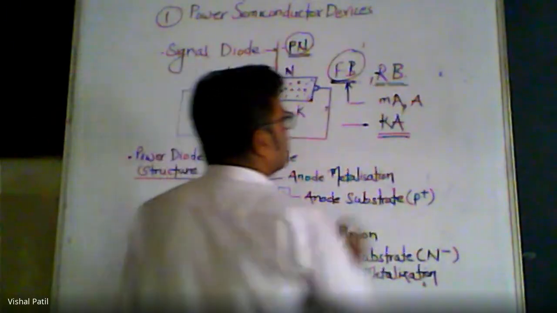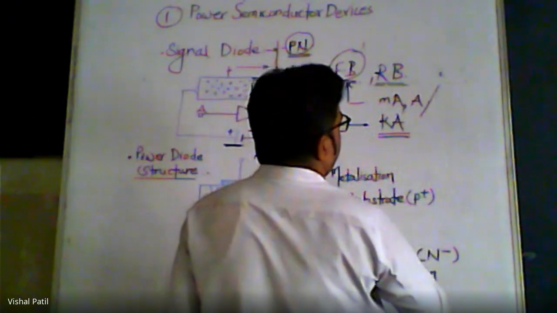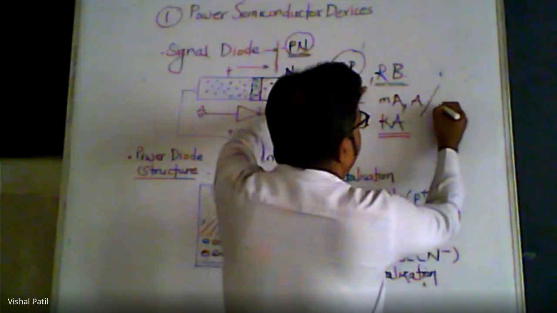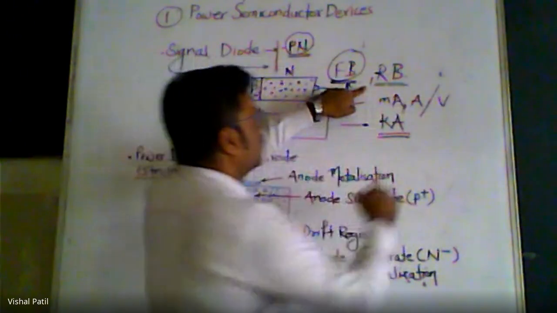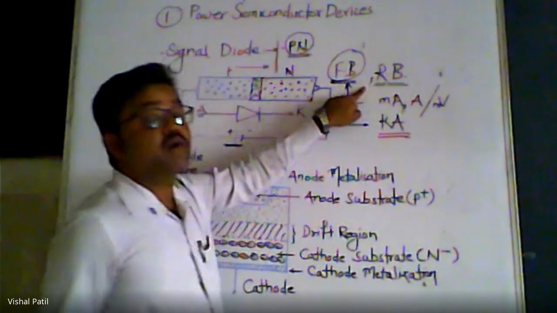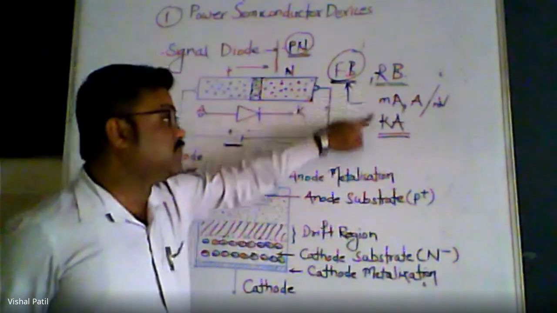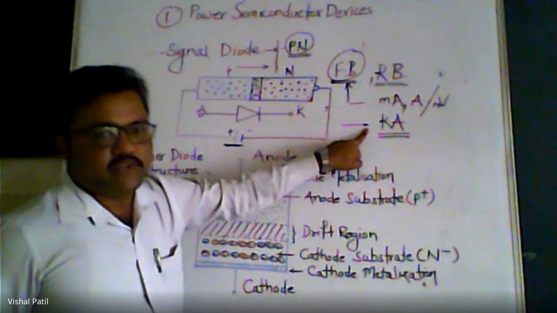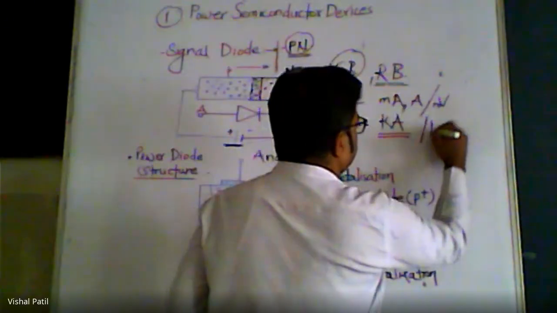So the quantity of voltage blocked by the signal diode is very less. You can say only volts or millivolts in case of a signal diode. But when a power diode is connected in the reverse bias, the amount of voltage blocked by the reverse biased power diode is very high, that is, in terms of kilovolts.